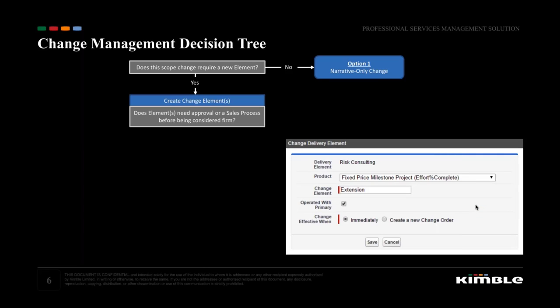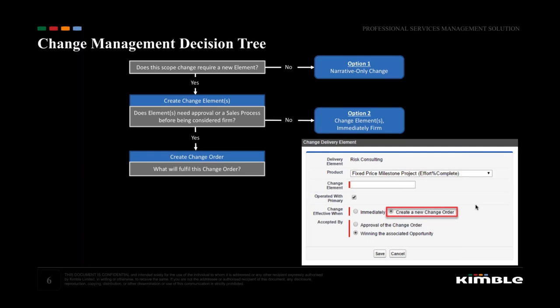Now, let's assume that a new element or a new set of elements is required to distinguish the scope change. You would ask whether approval or a sales process is needed for the change to be considered firm. If neither is required, then you can create a change element or set of change elements which will be immediately firm.